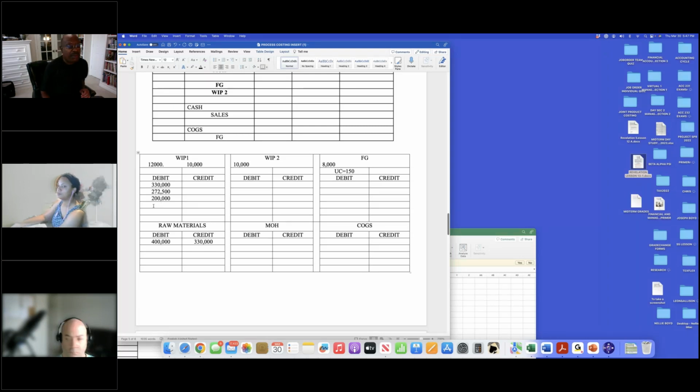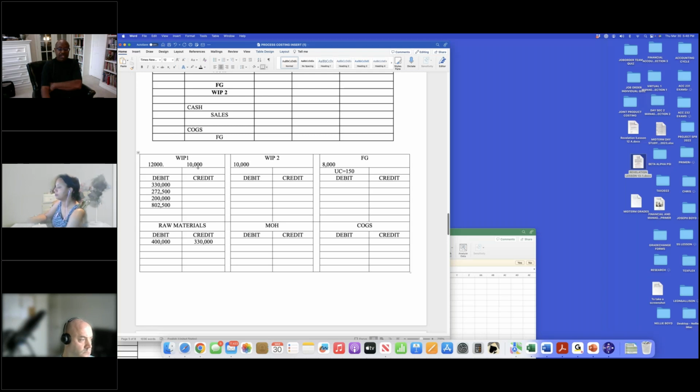How much is our total? 802,500. So how much of the 802,500 are we going to transfer to work in process two? Because we only made 10,000 units.